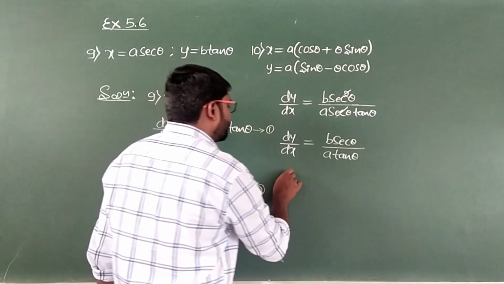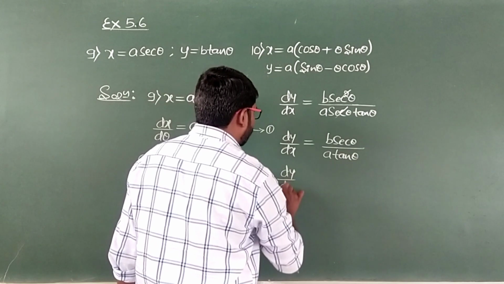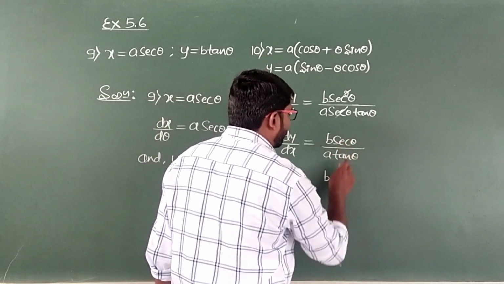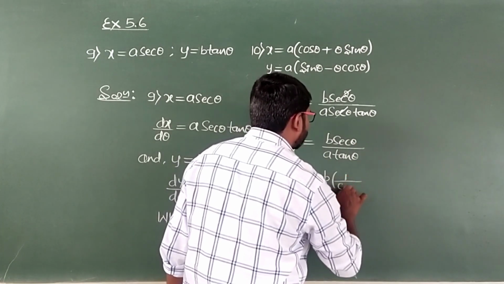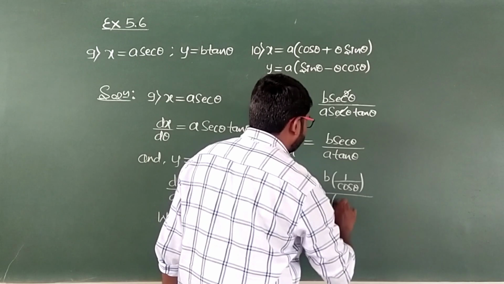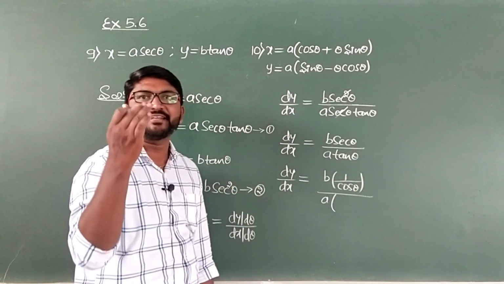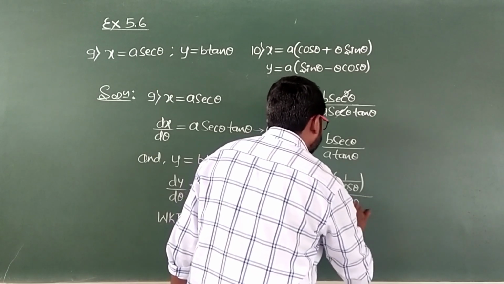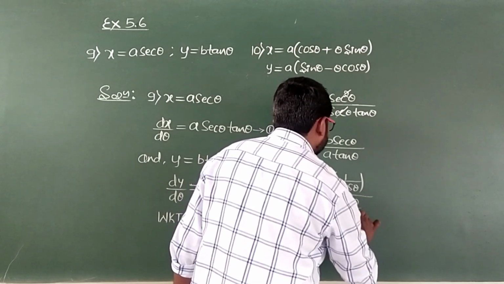So now we have to simplify this further. dy by dx is equal to b, I will write it as it is. Secant theta is nothing but 1 by cos theta. Then divided by a, I will write it as it is. Tan theta can be written as sin theta by cos theta. So we get sin theta divided by cos theta.